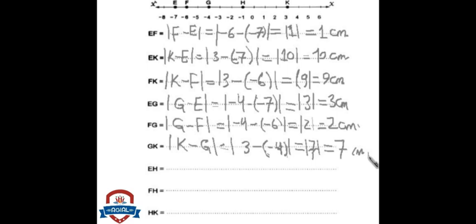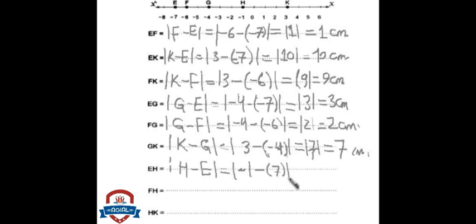By the same way, the distance between E and H equals the absolute value of H minus E. H equals -1 and E equals -7.